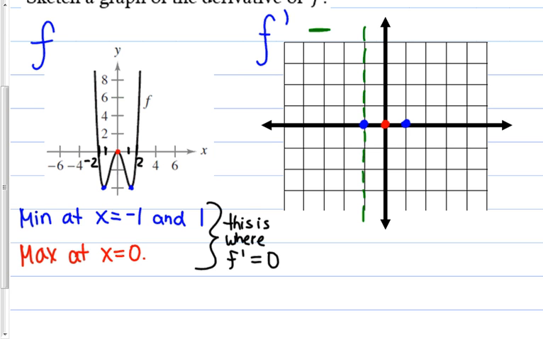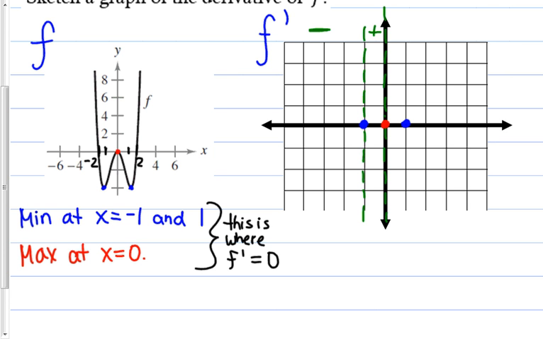So back to the original function. Between -1 and 0, this function is increasing. So let me split that up. Between -1 and 0, so right here, this function is increasing, and we use pluses to denote increasing when it comes to the derivative.